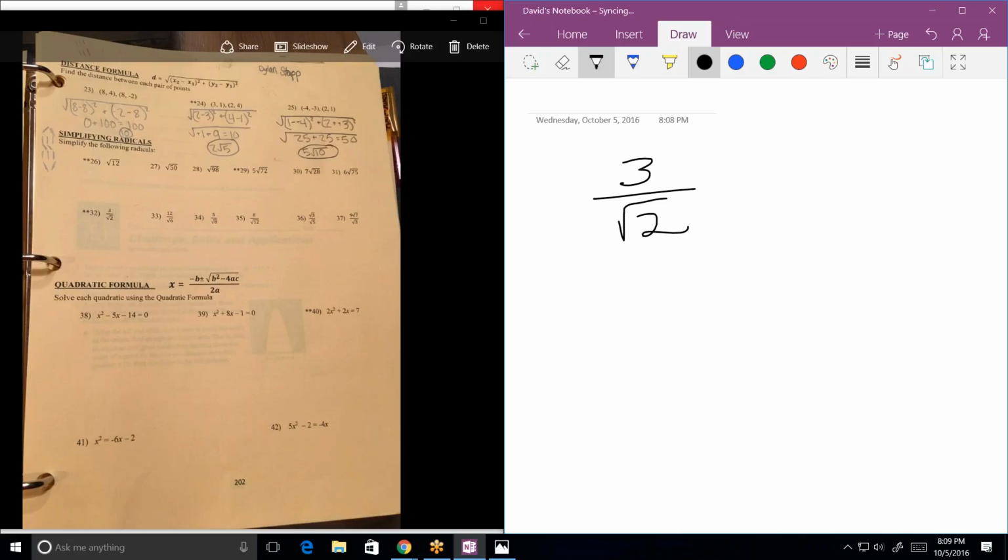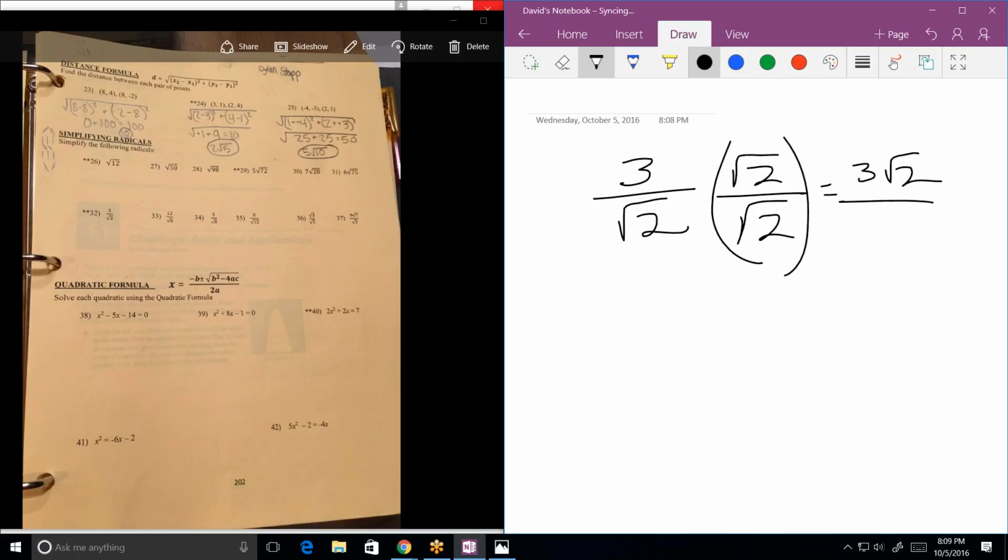Well, it doesn't do any good to multiply it by 1, but what if I multiply it by square root of 2 over square root of 2, which is the number 1? Give me the top. So on top would be 3 root 2, and 3 times root 2 over 1. And then what's the bottom?